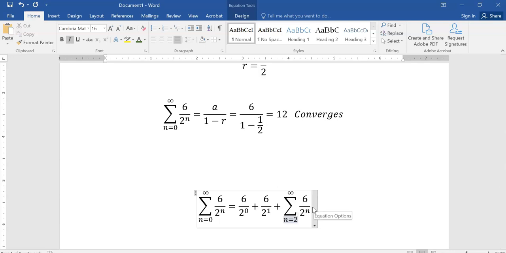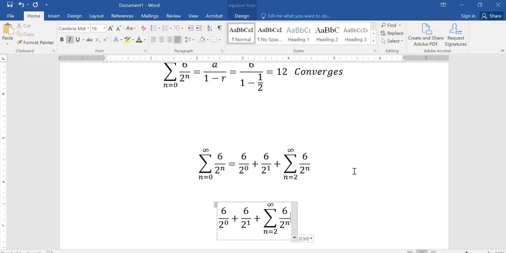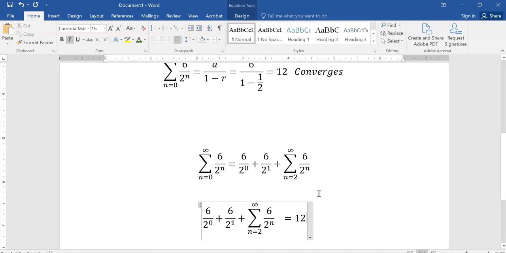So I know that specifically this piece here, n equals 0 to infinity, we just calculated as 12. 6 over 2 to the 0 is just 6. 6 over 2 to the 1 is actually 3. So that's 6 and 3.